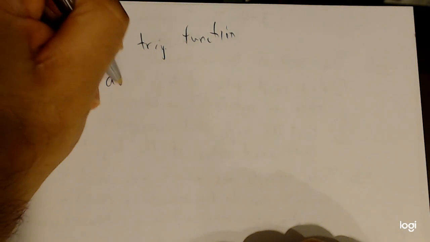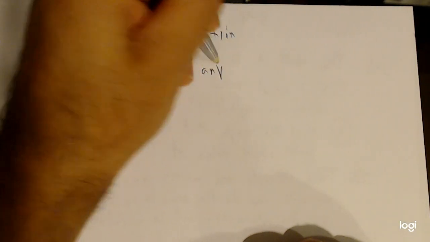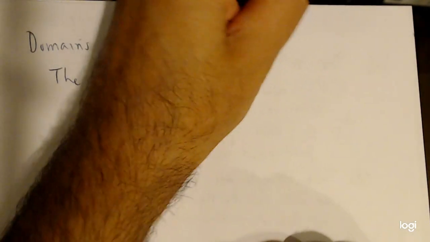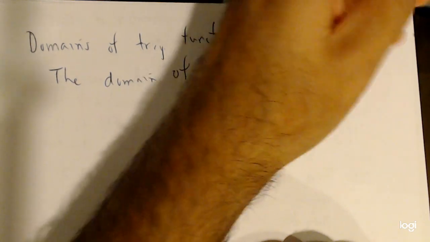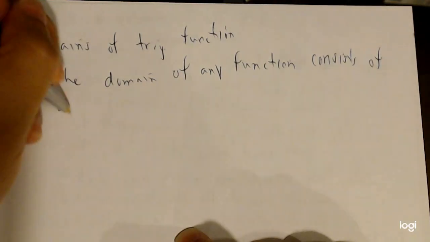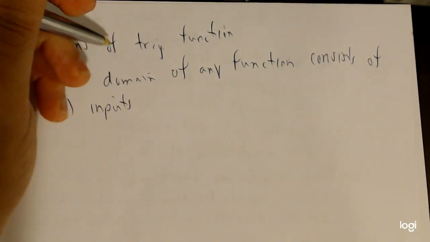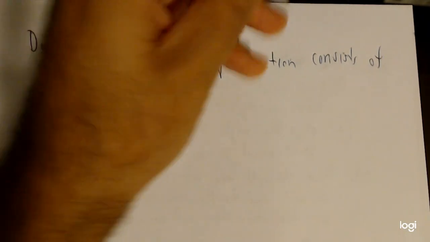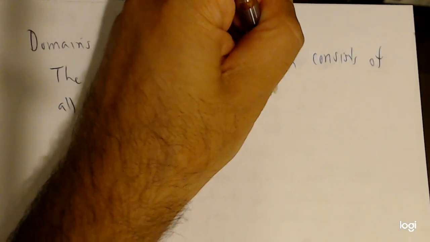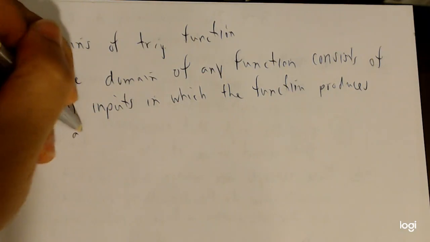So the domain of any function consists of all inputs in which the function produces an output.